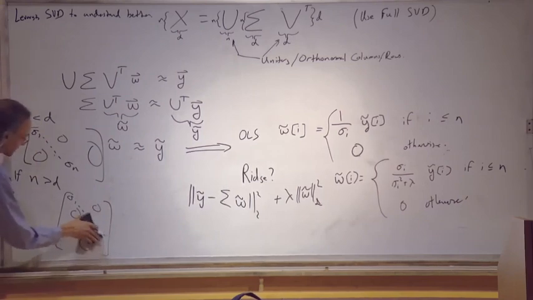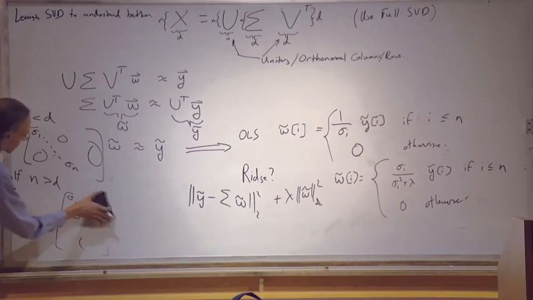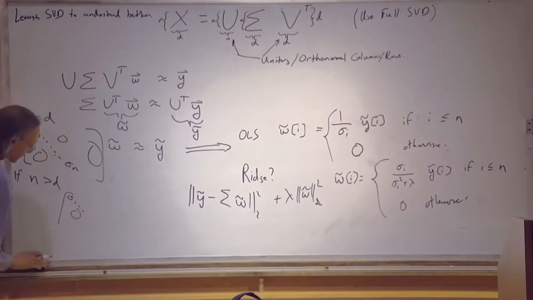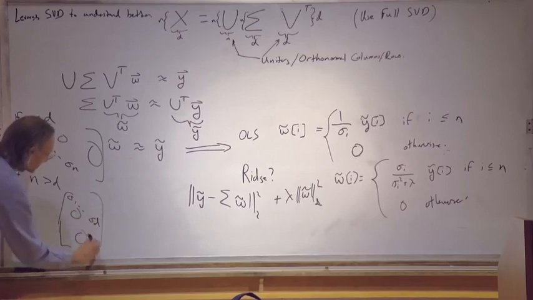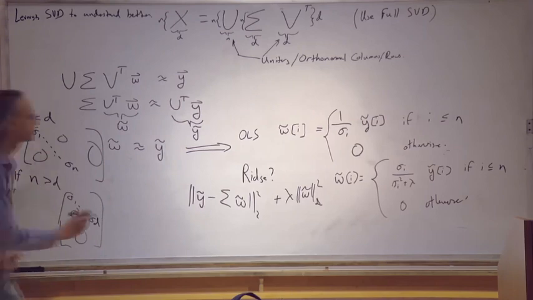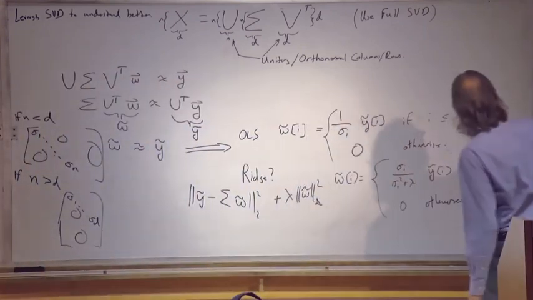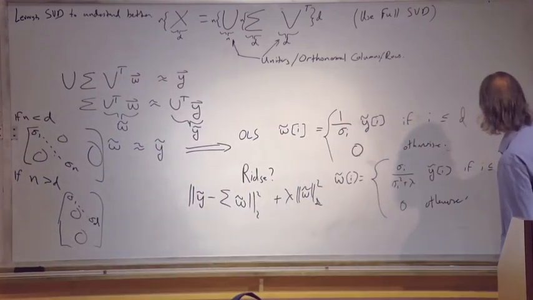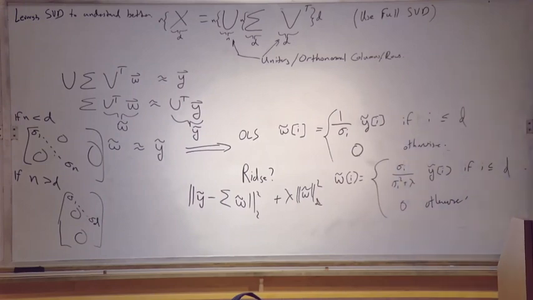You're right. Thank you. Yeah. So one of these two. So I was talking about this case. So this is not n, but d. Thank you for correcting me. Good. Sorry. Everyone understand what's going on?